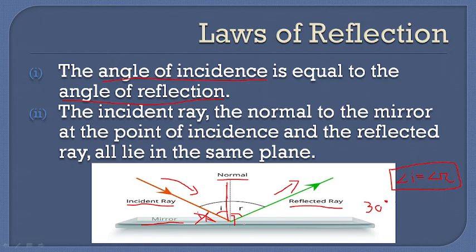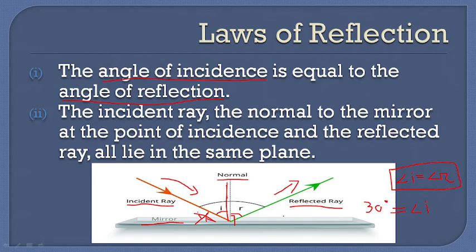Always remember this: the angle is always made with the normal, not with the base of the mirror. Let us consider that the incident ray makes an angle of 30 degrees with the normal. So this is the angle of incidence. Tell me now, what is the angle of reflection?